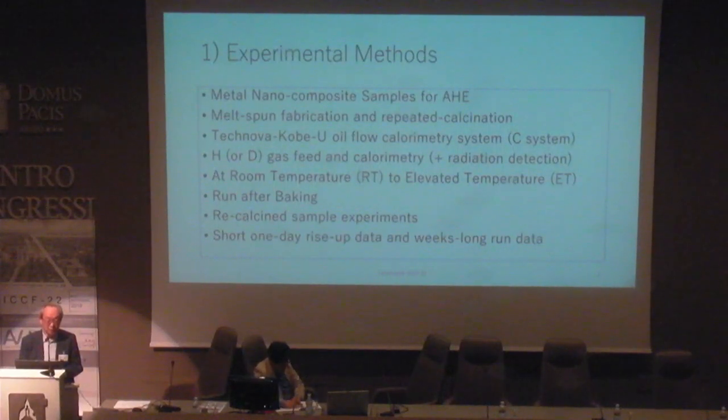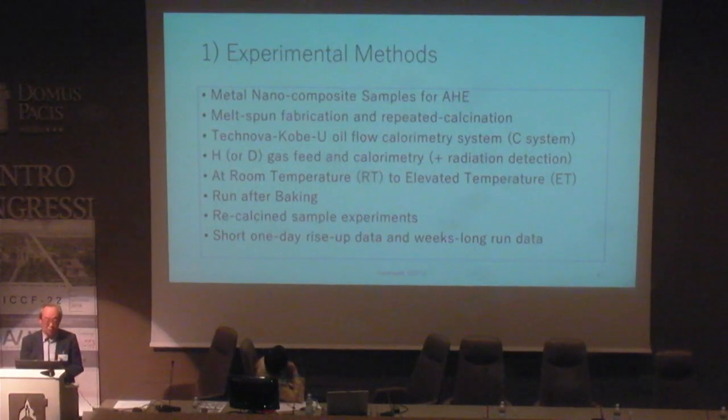We start the experiment at room temperature to absorb hydrogen gas into the sample, then elevate the temperature to show the anomalous heat effect coming out. And we repeat the experimental run after baking the sample and evacuation, repeating the absorption at room temperature and the elevated temperature to see the effect.